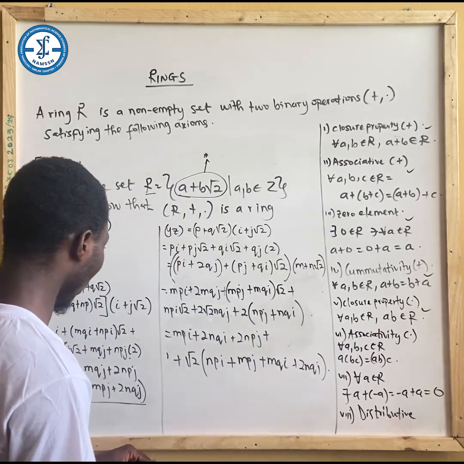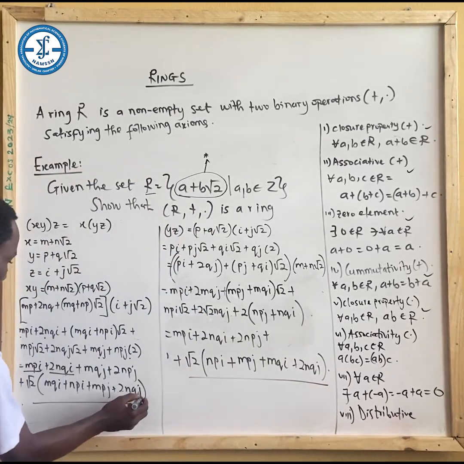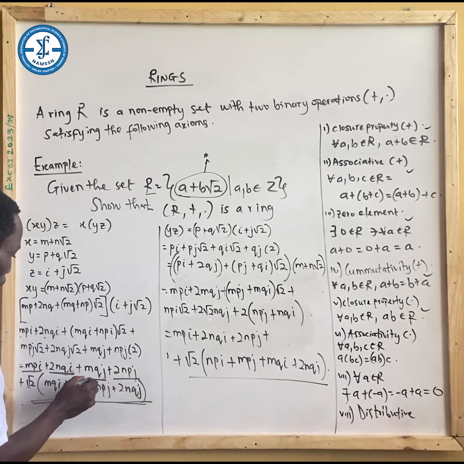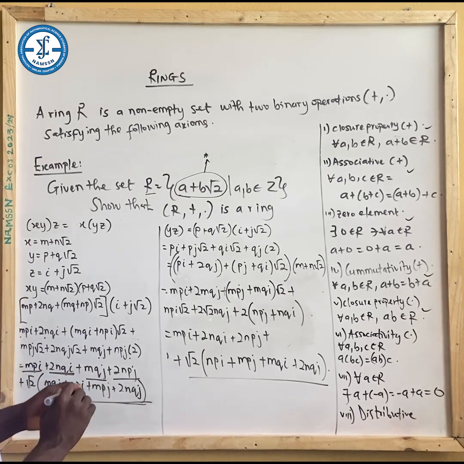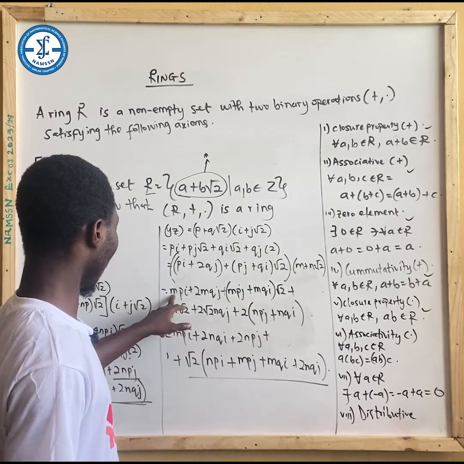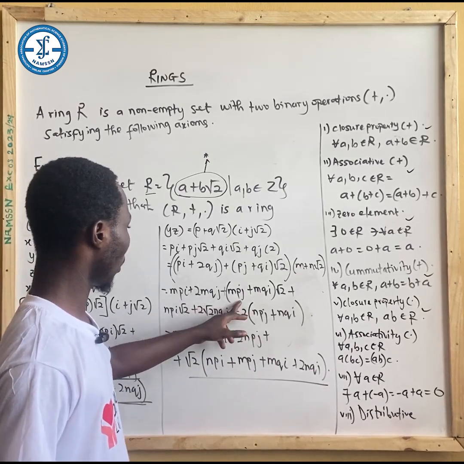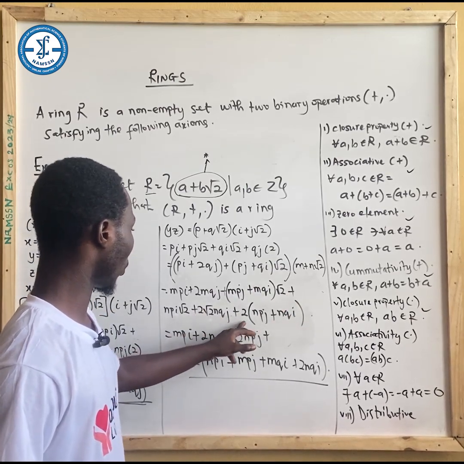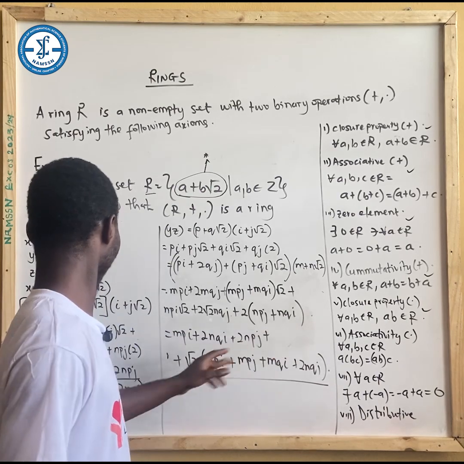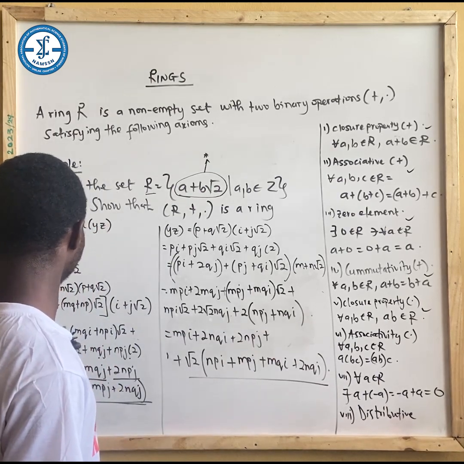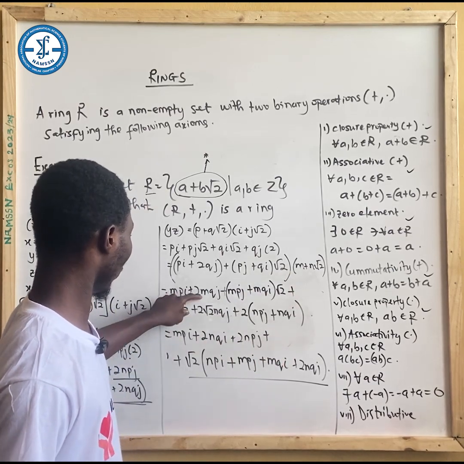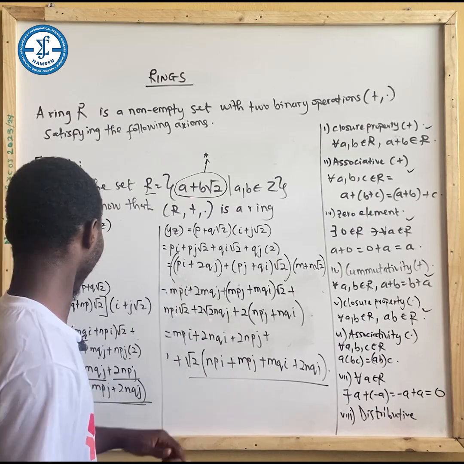So the only thing, we've seen this, which is the same thing as this. I'm seeing MPI, 2NQI, 2NPJ. The only one I've not seen is this. So where is our mistake coming from? MPI plus NPI with 2 plus 2NQJ plus MPI, 2NQJ.